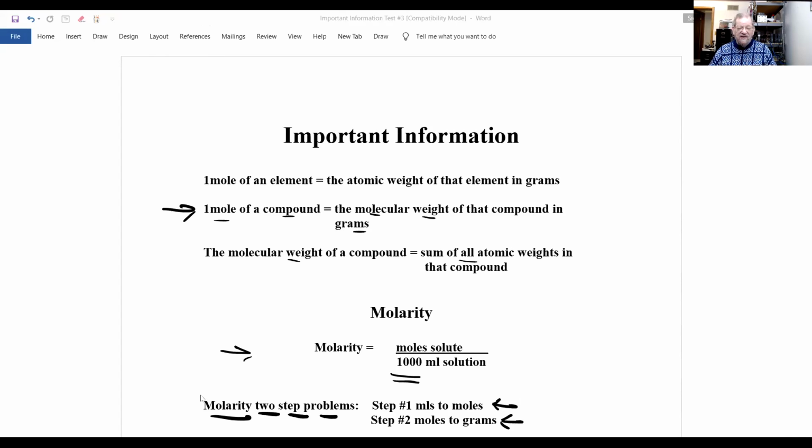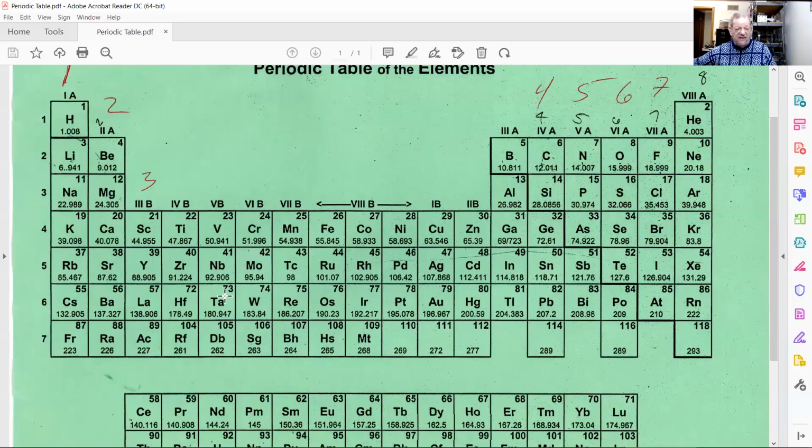So let's go over here. And I'm going to give you 20 seconds to figure out the 3 significant figures. What's the atomic weights of sodium and chlorine? Go. This way I can sneak some tea.